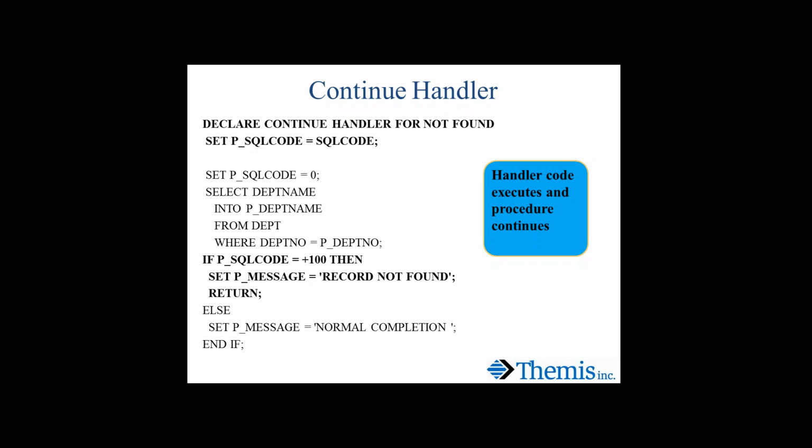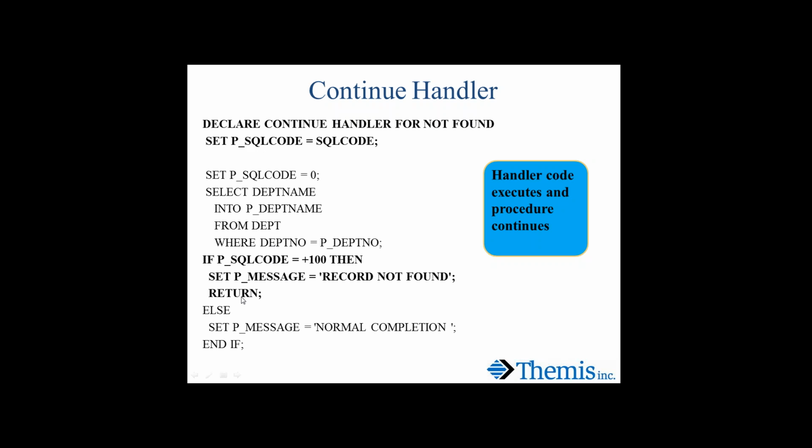Continue handlers. This says if the condition arises, such as +100 not found, then we're going to fire the handler, and all this does is save off the SQL code into a parameter area. Then after the SQL statement that fired it, when we test, we can put a specific message out to the user such as record not found.